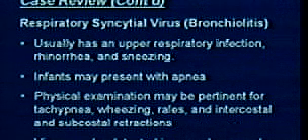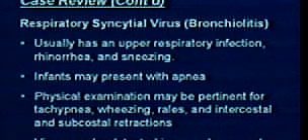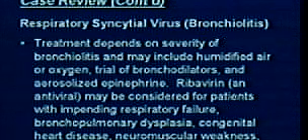Patient usually presents with a history of having an upper respiratory infection, some runny nose, and sneezing. Again, to point out, infants may present with apnea. Physical exam will vary with intercostal, subcostal retractions possibly being present. They may have some wheezing, some rales, some tachypnea, and your virus can be detected with the nasopharyngeal secretions.